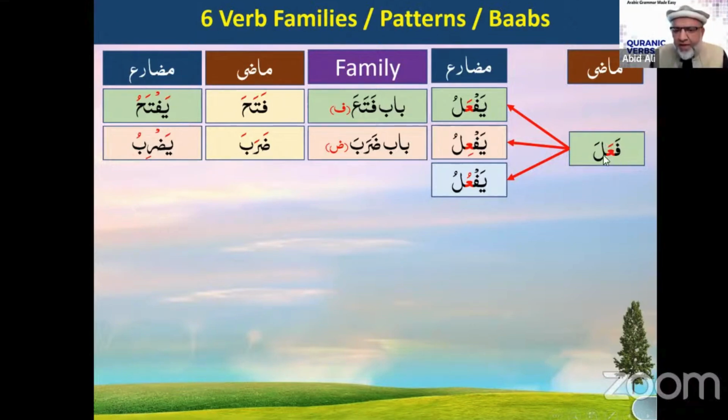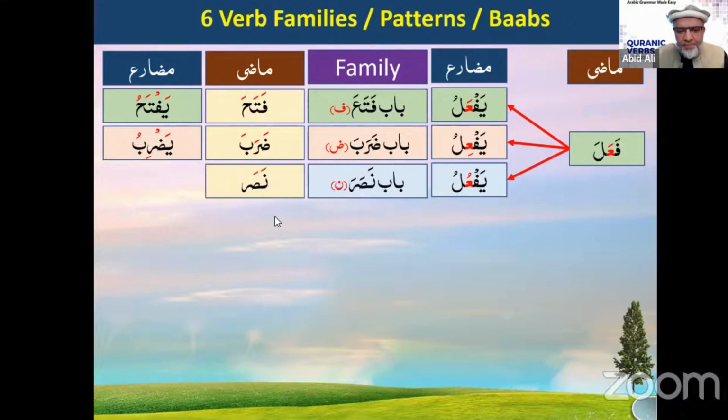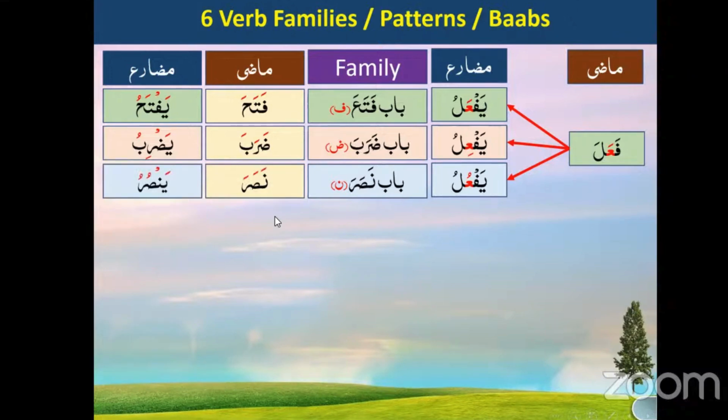When we have the Ain Kalima on Madi Fatha, there are 3 possibilities with Mudare: Fatha, Kasra, Dhamma. Making sense? The third daughter will be Yaf'ulu, and it will become Bab Nasara, and it will become Nasara Yansuru. Okay.